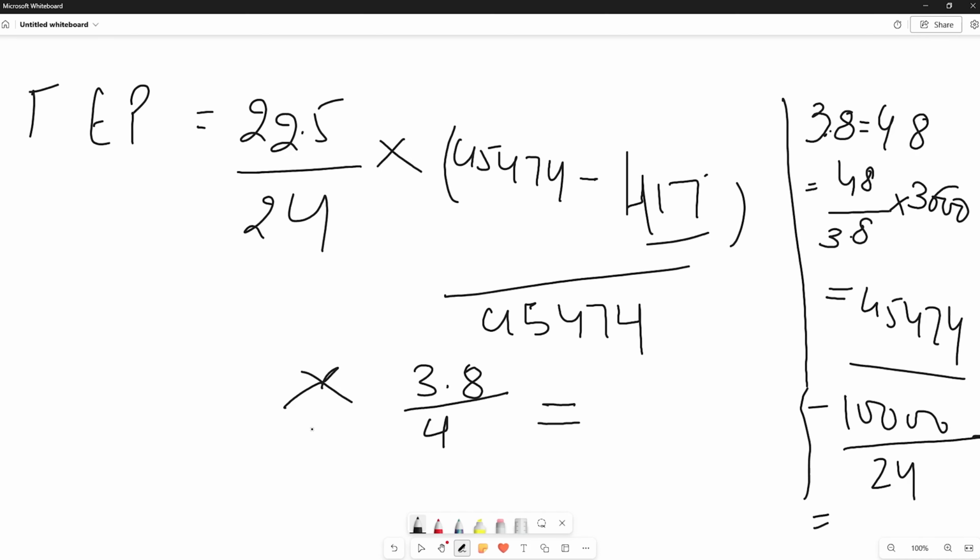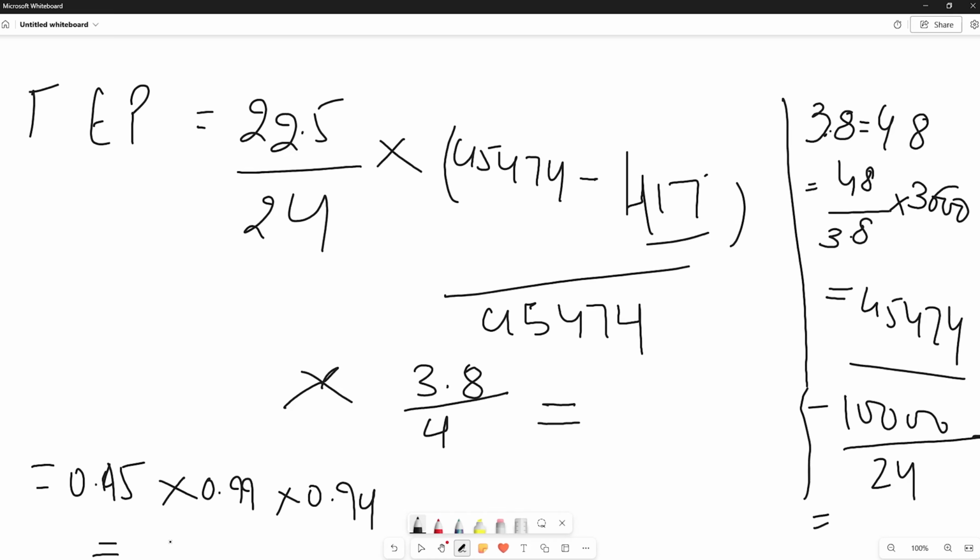Basically 22.5 divided by 24 is your 0.95. Okay. And then we multiply it by the scrap, which is your 0.99. Okay. And thirdly, we multiply it by the efficiency, which is 0.94.